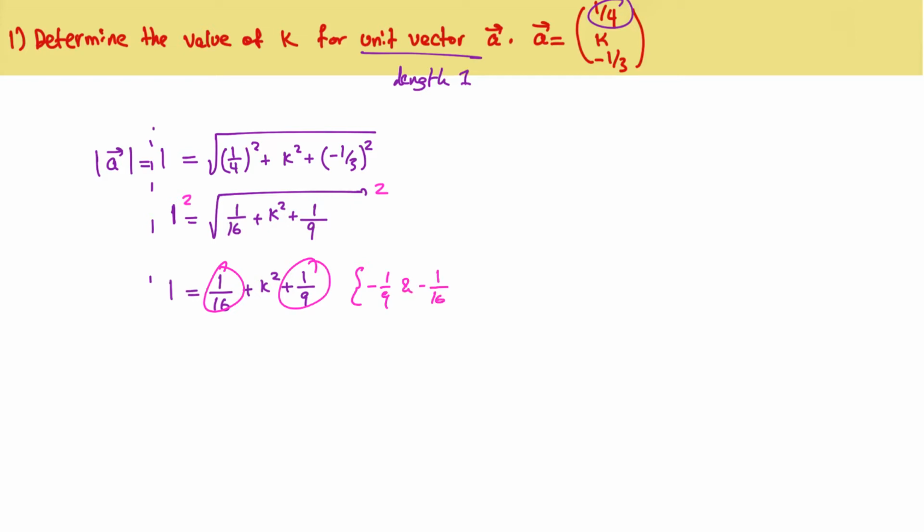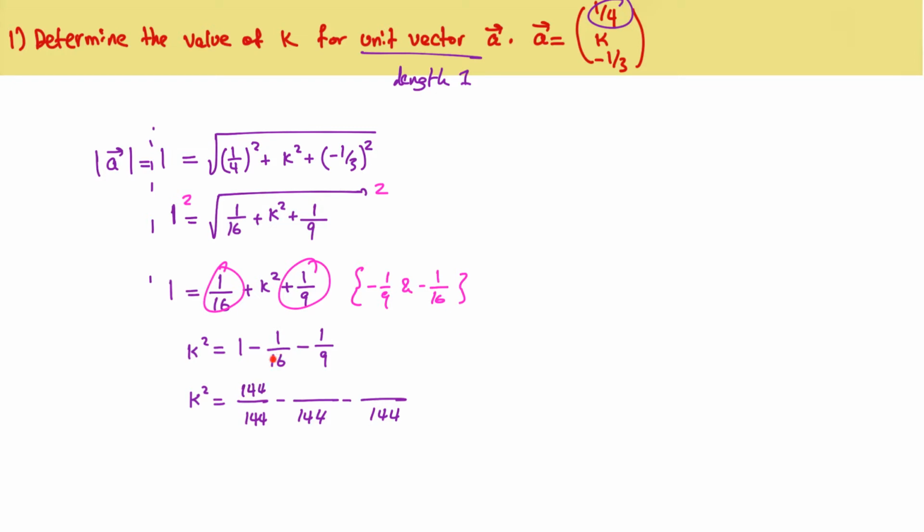So I will write my step here, and I will get k squared. I'm going to rearrange things a little bit. It is going to equal 1 minus 1 over 16 minus 1 over 9. A common denominator for the right-hand side is going to be 144. This is 1 over 1, so the denominator is multiplied by 144, and the numerator is multiplied by 144.